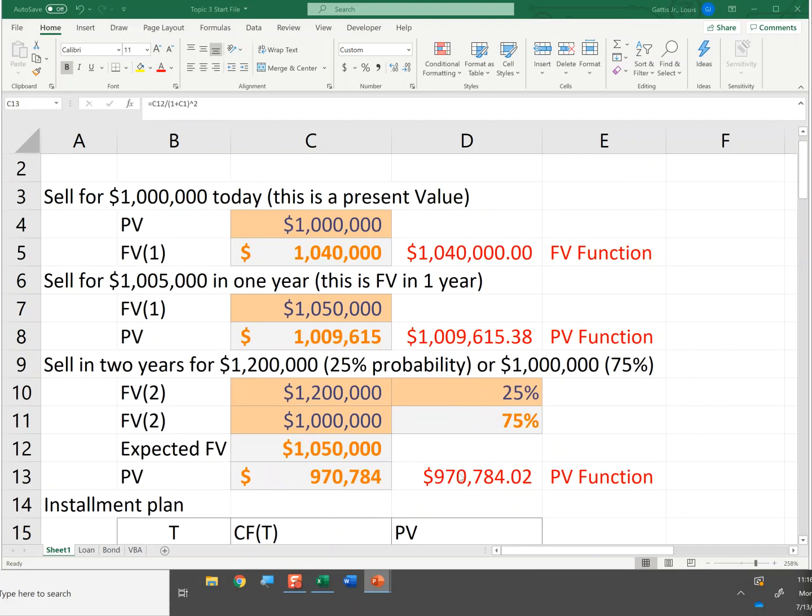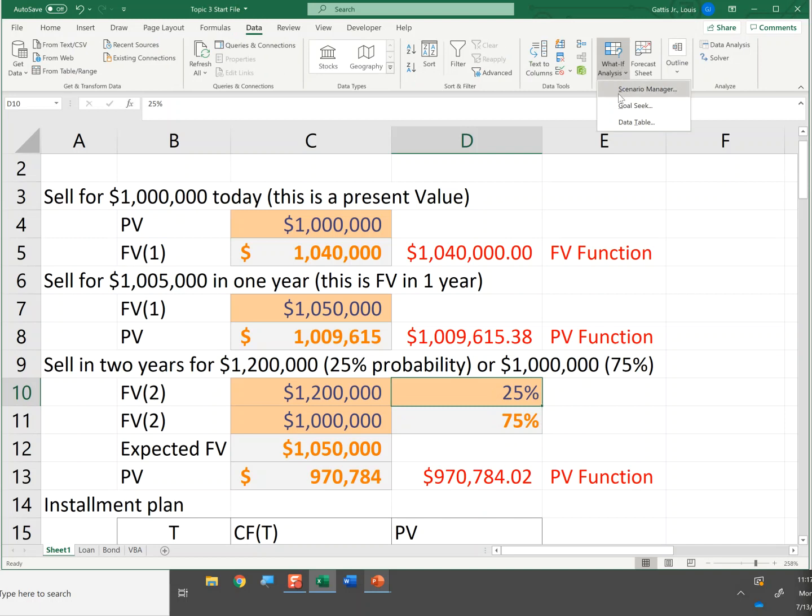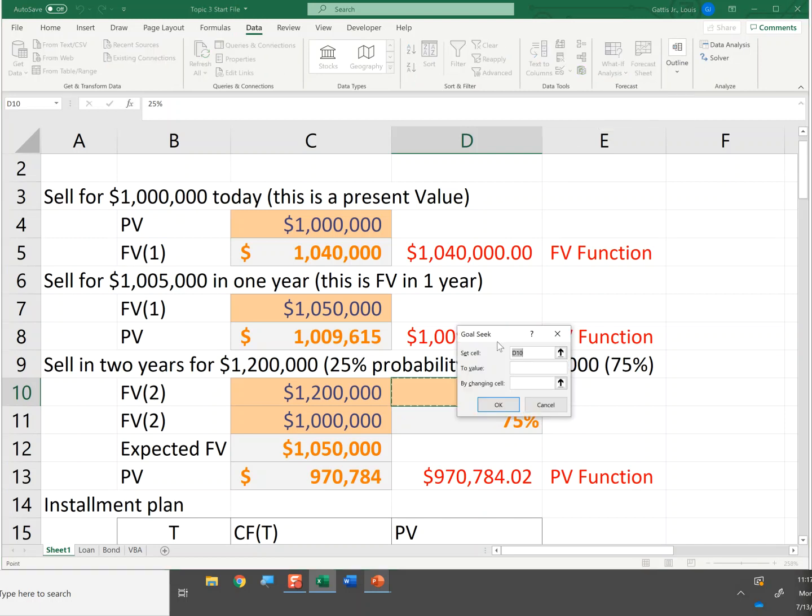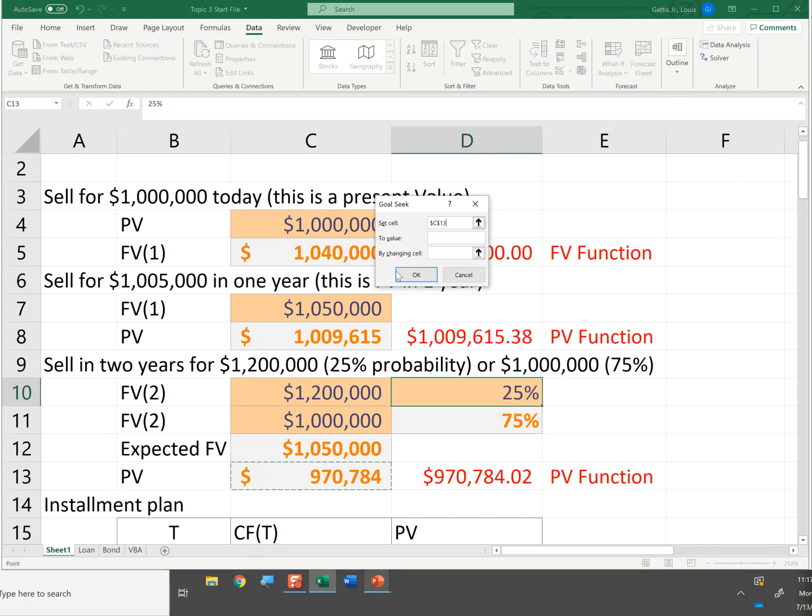$1,009,009. So if I go to my spreadsheet and I have this probability of 25%, I could do Data, What-If, Goal Seek. I want to set the present value to $1,009,009, which is the best alternative, by changing the probability.